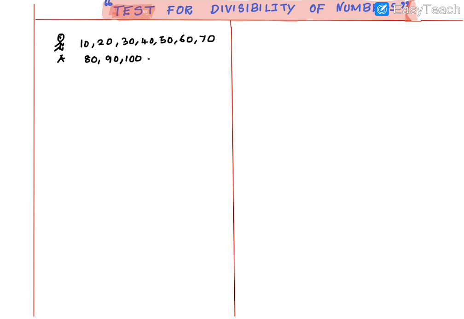That means he is doing the multiples of 10. If you look at all the numbers, there will be one thing common. Can you find what is common? All the numbers end with 0. So from this, what can we conclude?